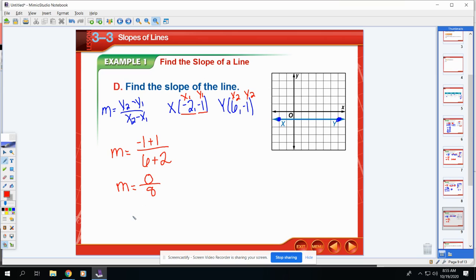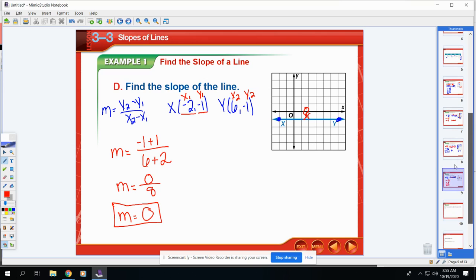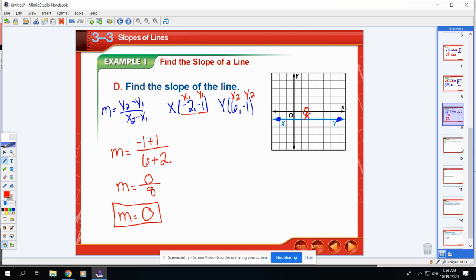So 0 divided by 8 here, obviously 0 divided by anything is always going to be 0. So we have a slope of 0, which again, I think you guys could already tell just judging off of our line. So we have little guy here. Little guy's not going up. He's not going down. So that would be a no slope.